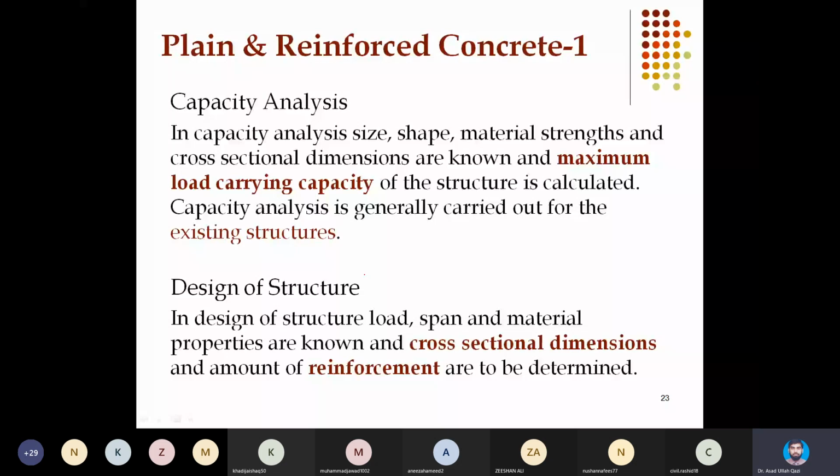If this kind of question is asked, I can give you one simple example. You are asked that there is a uniformly distributed load of 100 kilonewton per meter, and against this load tell me what should be the beam cross section if this load is to be present on a span of 3 meters?